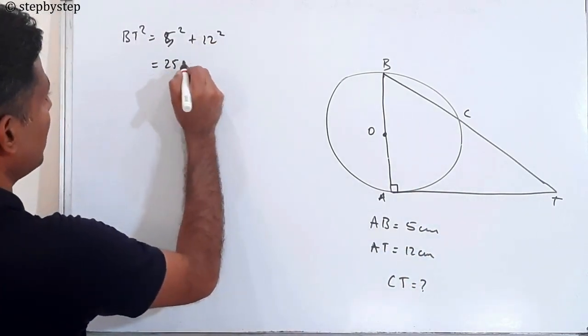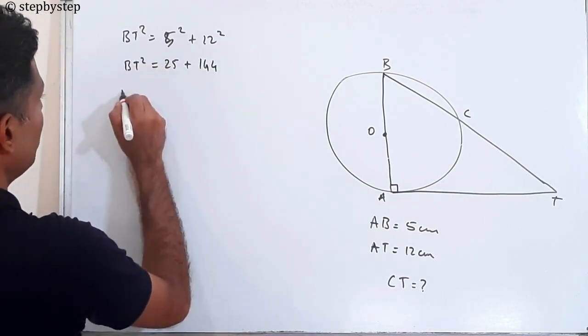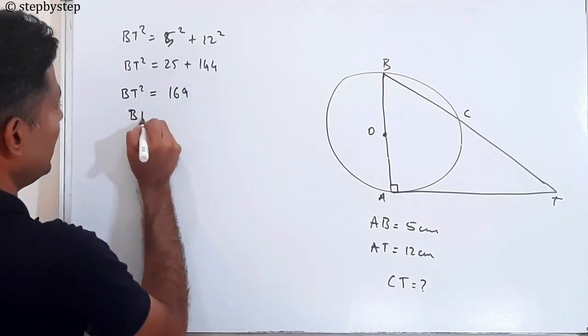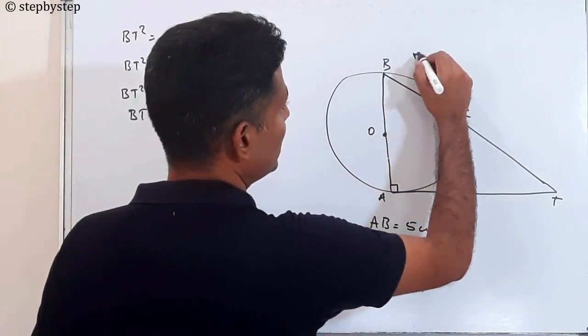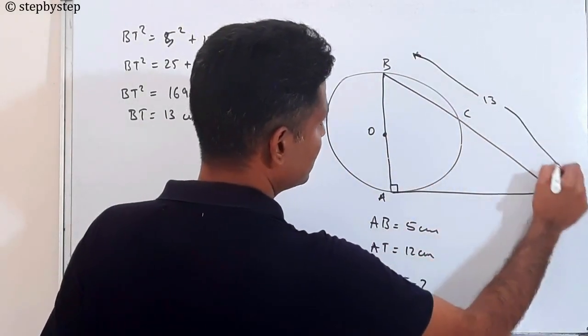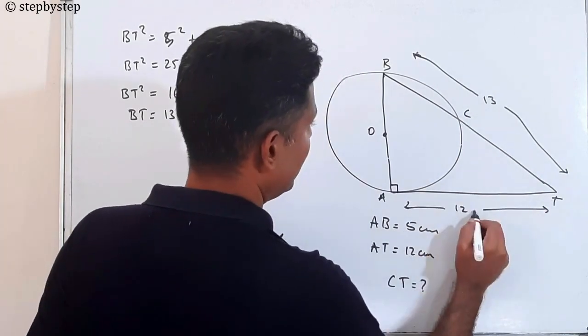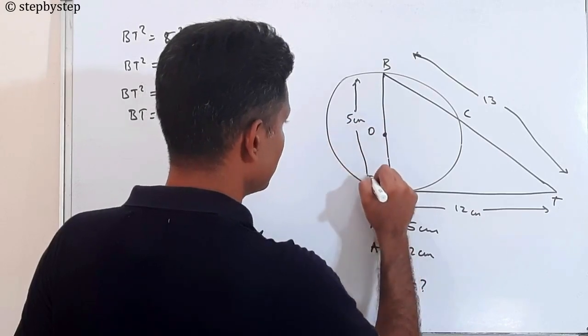So we get 25 plus 144, BT square. So BT square will be equal to 169, which means BT equal to root of 169, 13 centimeters. So we get this whole thing as 13 centimeters. This is 12 centimeters and this whole thing is 5 centimeters.